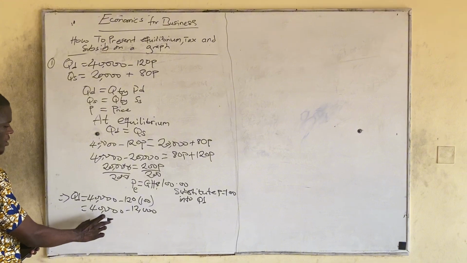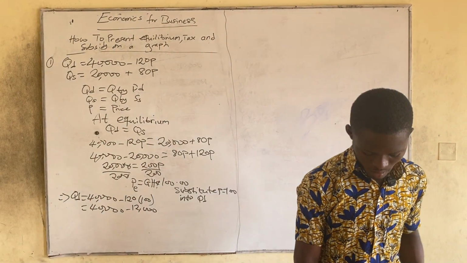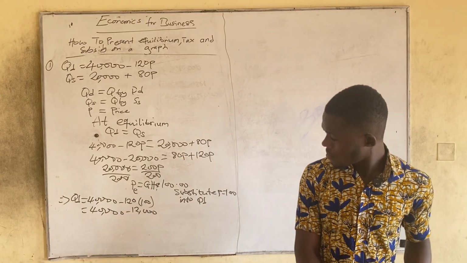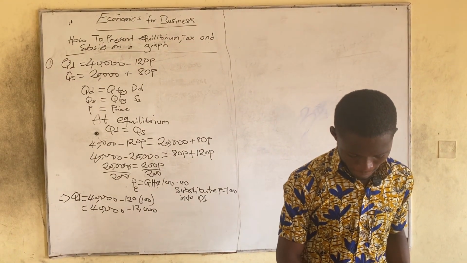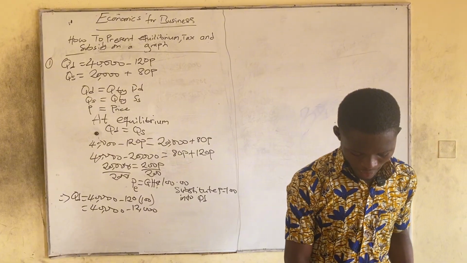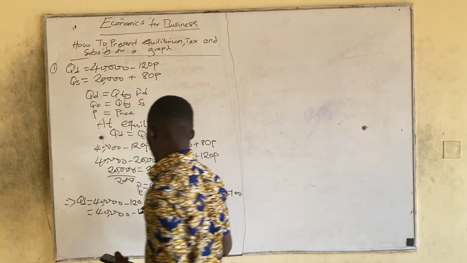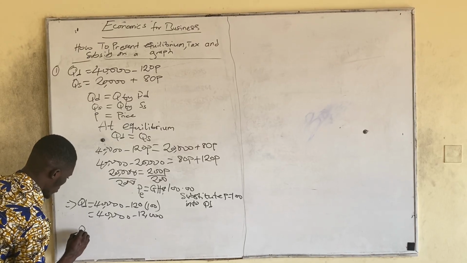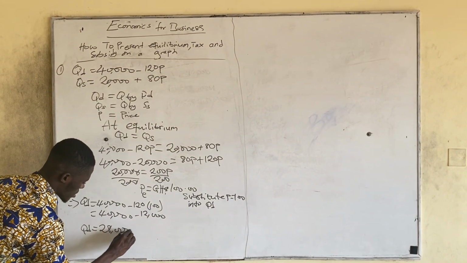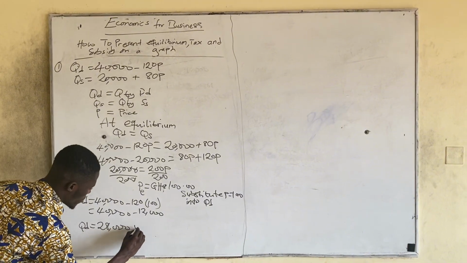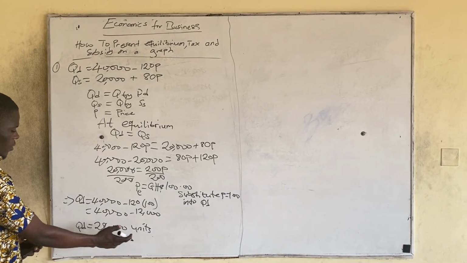Here, 40,000 minus 12,000, you will get quantity demand equals 28,000. Then you bring your units because we are dealing with quantity.